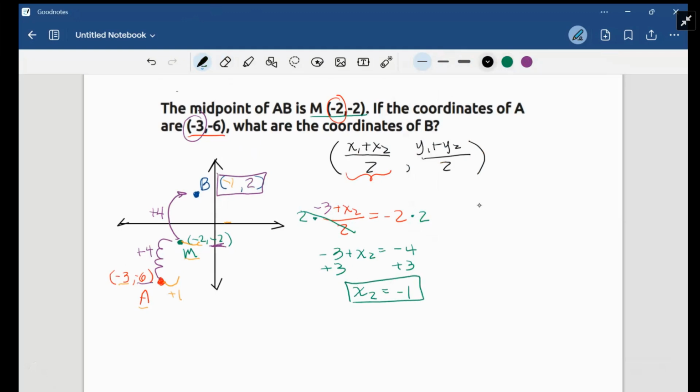And then we'll do the same thing with the Y's. So I know if I add the Y values of our endpoints together and divide by 2, given the midpoint, it should also be -2. We only know one of the Y values of the endpoints, at A, which is -6. So we'll sub in -6 for one of those, and then again use some algebra to solve. So again, multiply by 2 on both sides.